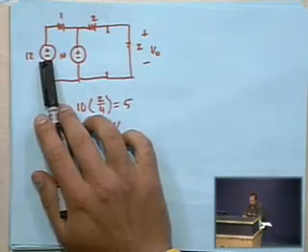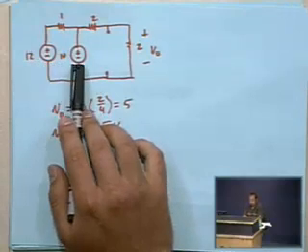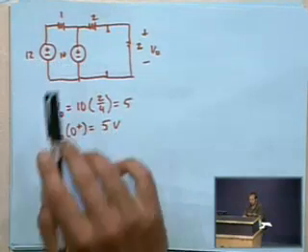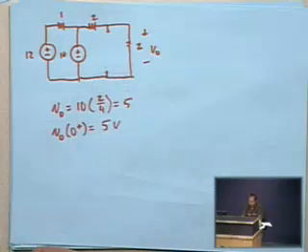We've got the 12 volt source originally. We've got the 10 volt source, which is standing in for our capacitor. And when the switch opens up, all of that stuff in that branch of the circuit goes away. It just doesn't affect the circuit anymore.